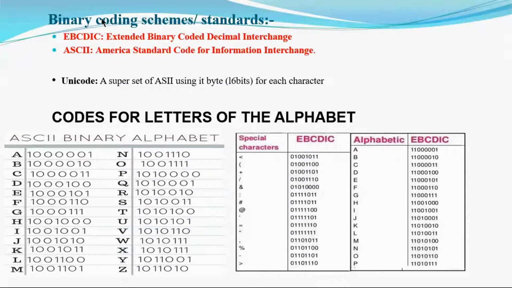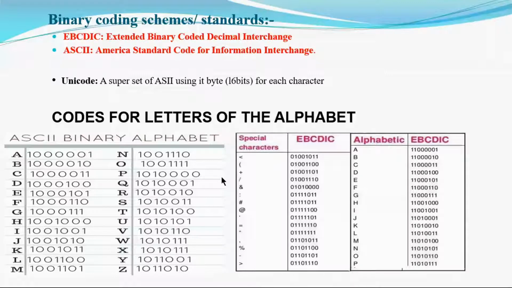We can understand this, but the computer doesn't understand it the way we do. The computer must store it in terms of the binary system, zeros and ones. That brings us to what we call coding schemes or coding standards. The coding standards are the ones that help to convert the words or the text we are dealing with in the computing systems to what the computer can understand.